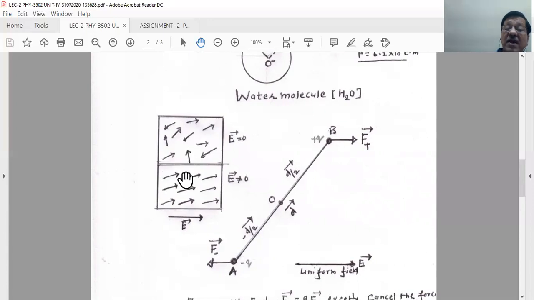Then the vector P appears parallel to the electric field.